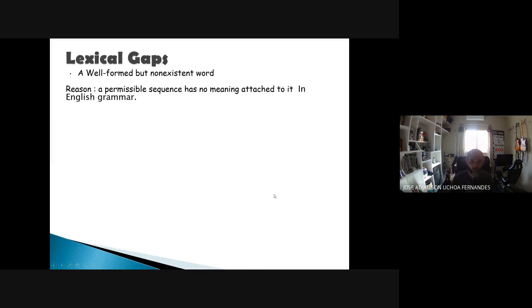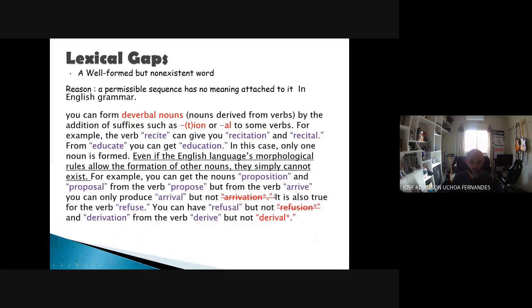Anyway, to deprive would be the same, okay? Deprivation, but there's no deprival. So we use these asterisks to refer to ungrammatical words, which are lexical gaps, or if you prefer, you can call them lacunas, okay? Any question about lexical gaps?